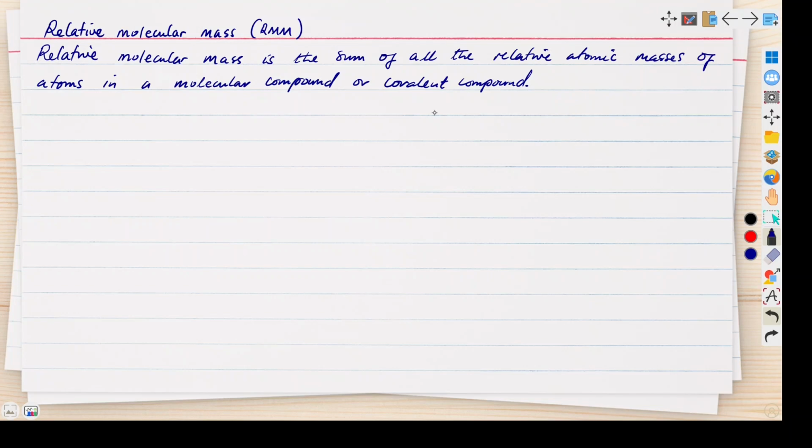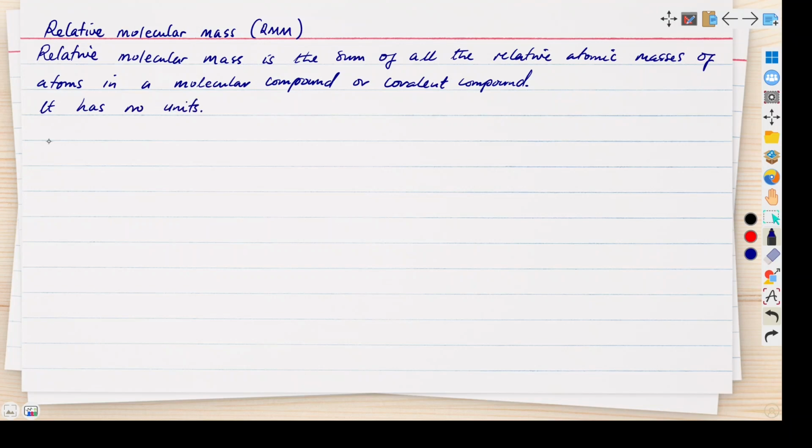The definitions look similar all in all, and the process of finding them is just the same, but what they stand for is what differs. Relative molecular mass is for molecular or covalent compounds. It has no units.